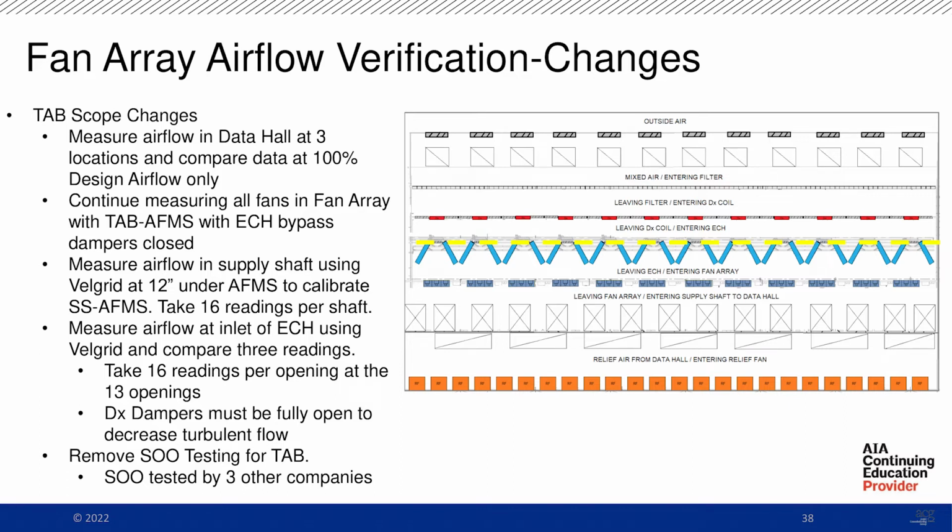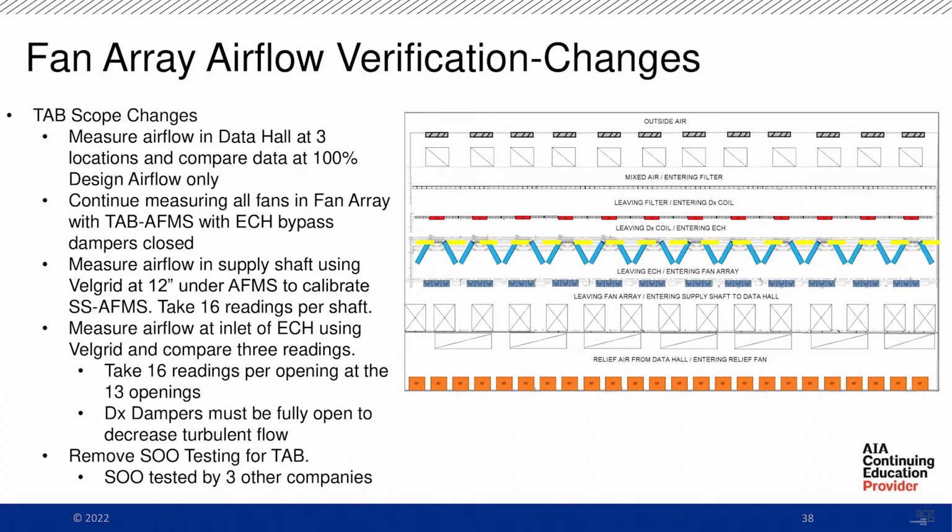Using a Velgrid, we read velocities there to come up with the airflow, read velocities at our supply shafts, and then read our fan arrays with our airflow monitoring station. On the ECH readings, we had to make sure our DX dampers were fully open, otherwise it would have been too turbulent.